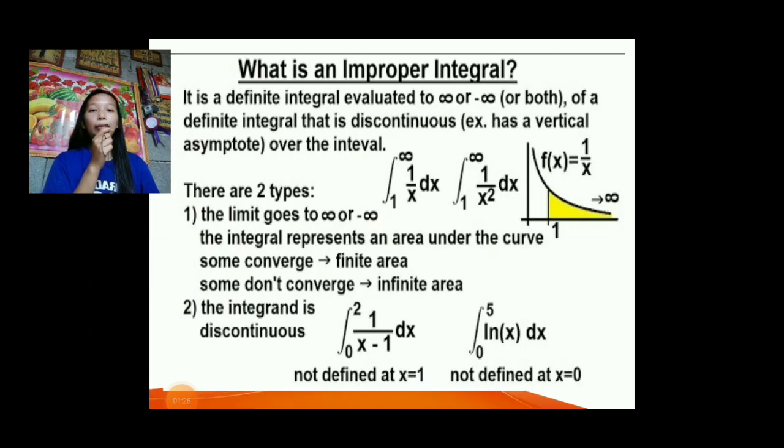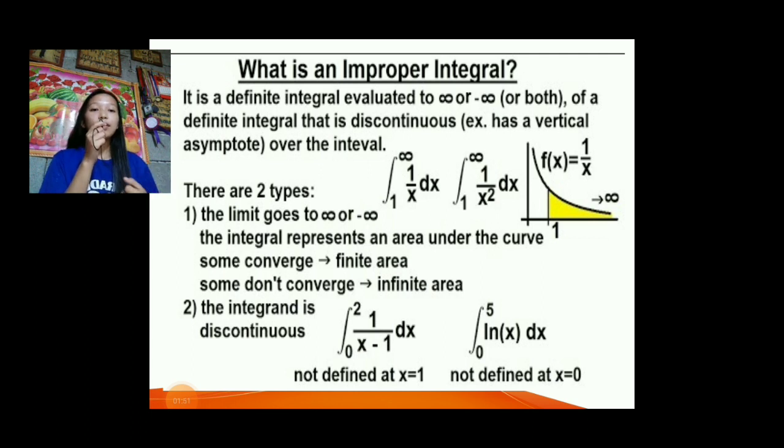So what is an improper integral? It is a definite integral evaluated to positive or negative infinity or both, or a definite integral that is discontinuous, for example, has a vertical asymptote over the interval. So there are two types. First is when the limit goes to positive infinity or negative infinity.